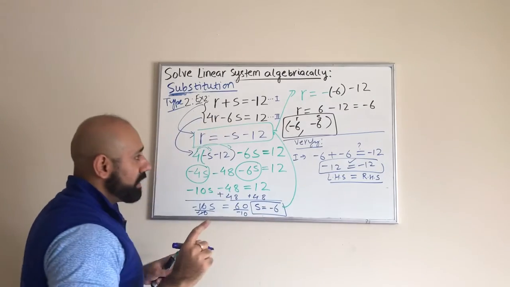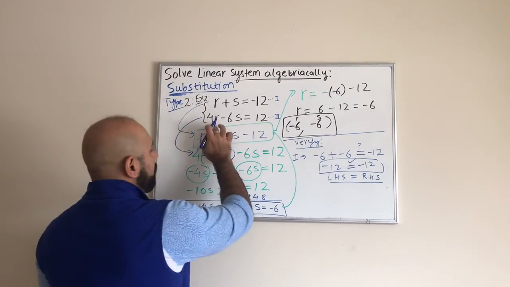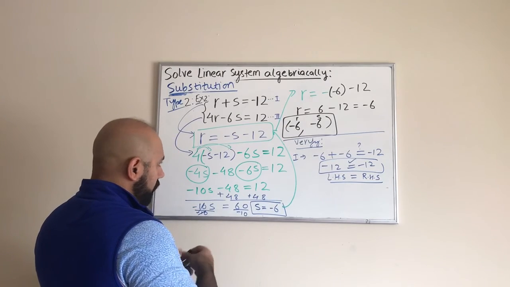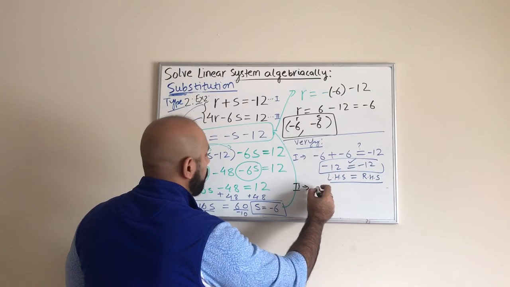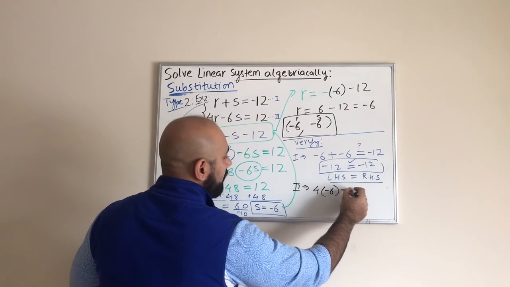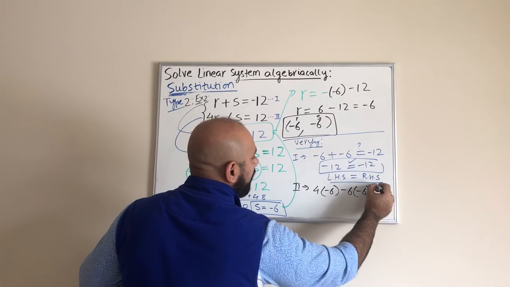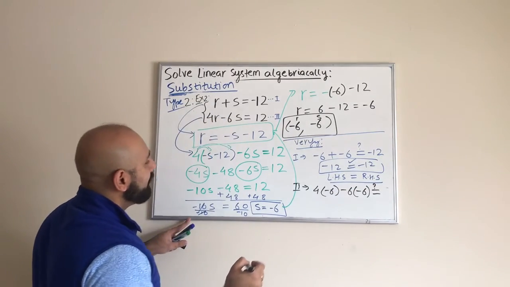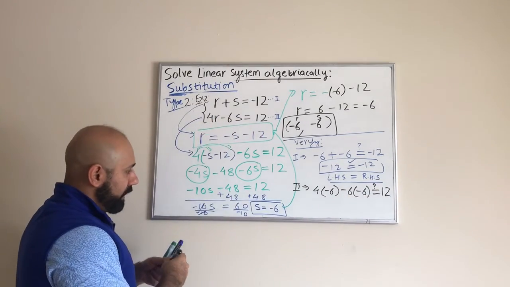So equation 1 is satisfied, but we also have to verify this on equation 2. For equation 2, we have 4 times r, which is negative 6, minus 6 times s, which is still negative 6, and we are verifying whether that equals positive 12. Let us simplify.